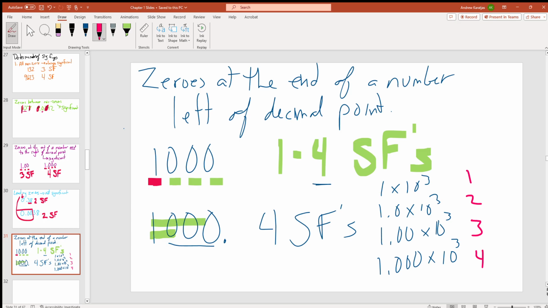Once we're able to identify the number of sig figs, what we need to be able to do is use them in calculations. We'll talk about the rules for addition as well as the rules for multiplication.